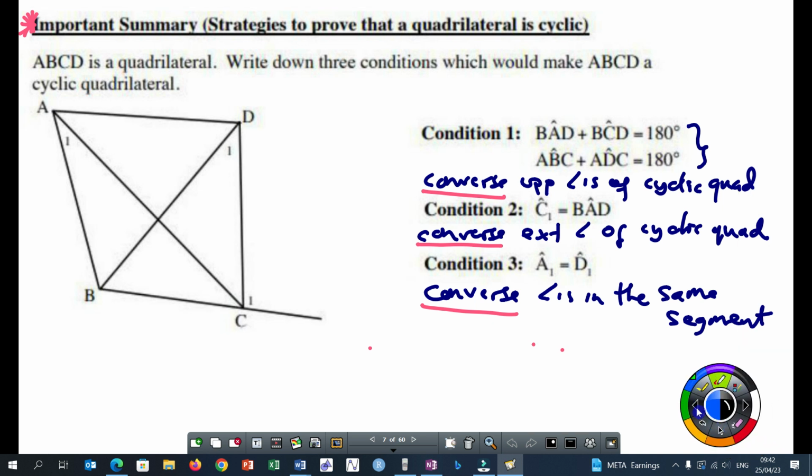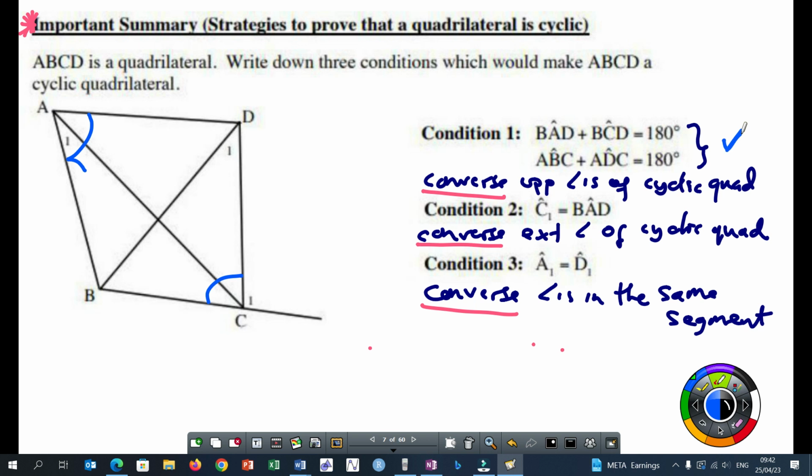Alright. Now, it's very important for you to know how to prove that a quadrilateral is cyclic. To do that, there are 3 ways. First, if you can prove that the opposite angles of a quadrilateral add up to 180, then you can conclude that the quadrilateral is cyclic.